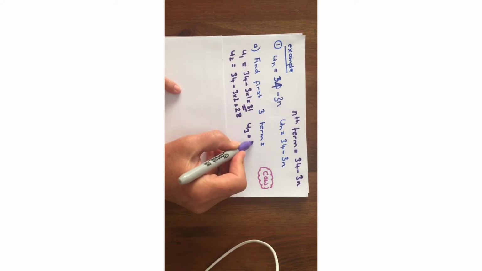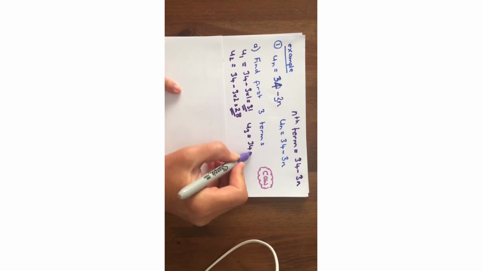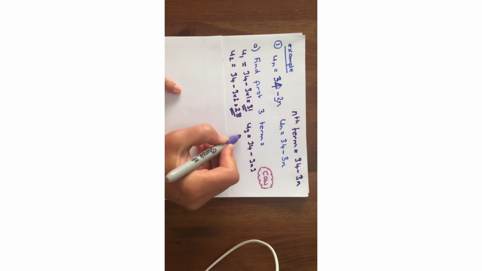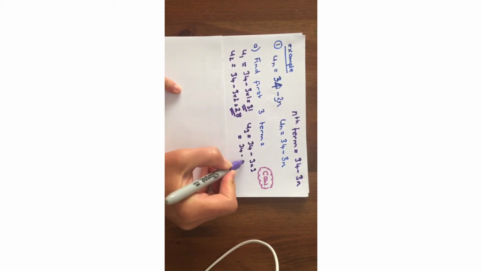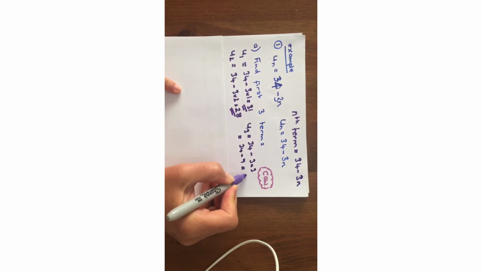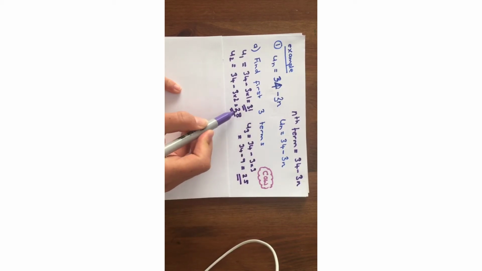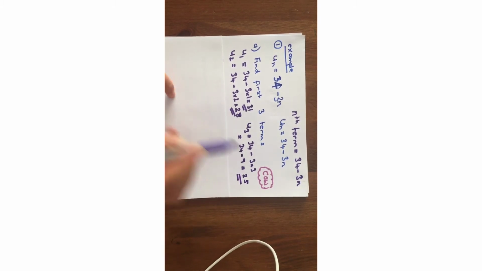And the third term, 34 minus 3 times 3, 34 take away 9, which will be 25. You can see from one term to the next, we're going down in threes.